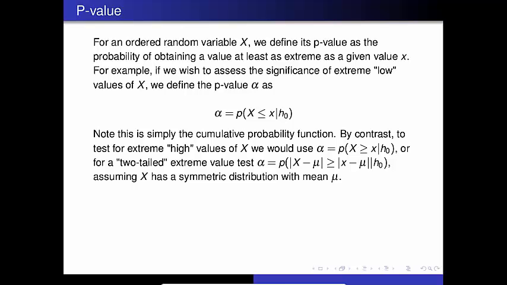It's sort of like we've got some probability distribution, and at some particular cutoff representing our observed value little x, and this x-axis is our random variable x, and our y-axis is the probability density for x.